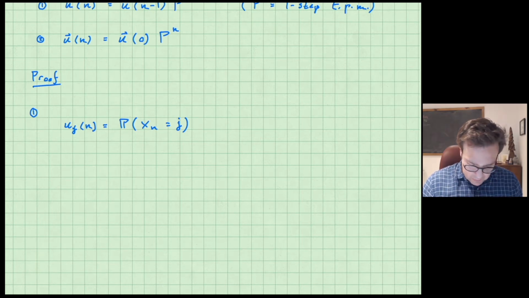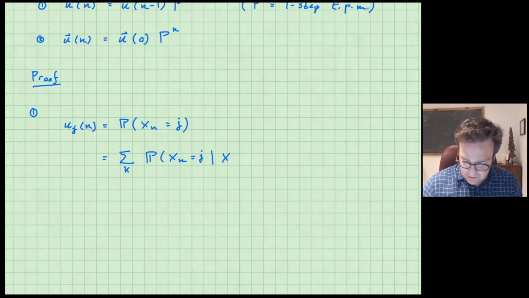Okay, and then we'll use the total probability theorem. We'll say this is a sum over k of the probability that xn is equal to j, given that xn minus 1 is equal to k. And you can do that if you then multiply by the probability that xn minus 1 is equal to k.